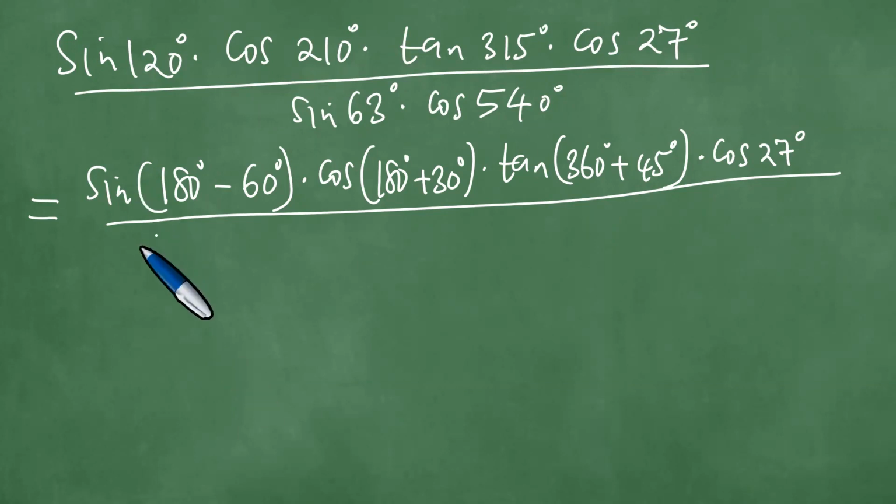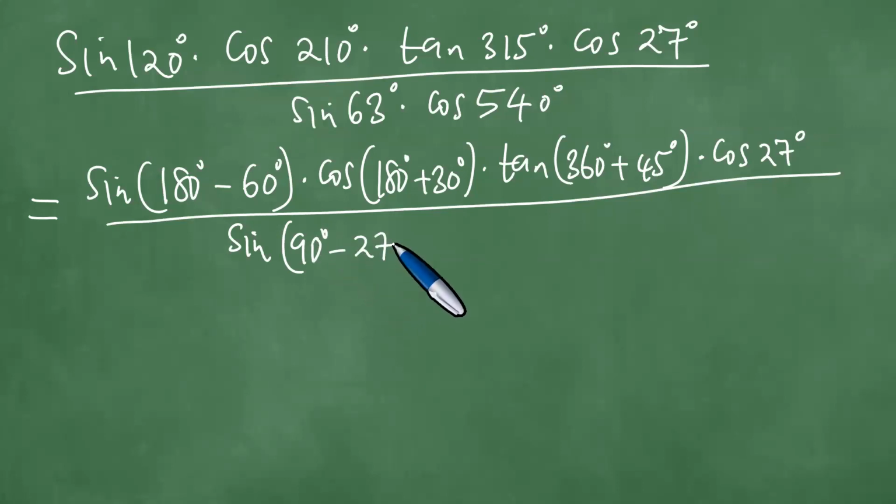Okay, so the bottom is the sine of 63 degrees. The sine of 63 degrees, you can write as cosine of 90 degrees minus 27 degrees.